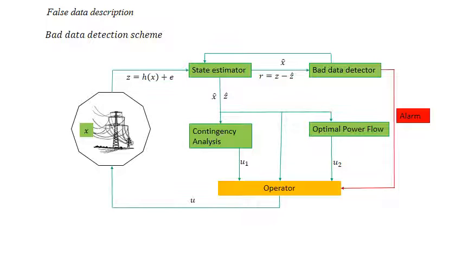If there is something wrong, a signal is sent to the operator. The origin of these alarms could be attributed to some noise in the system. So if everything is okay, it will go on to perform a contingency analysis and optimum power flow.